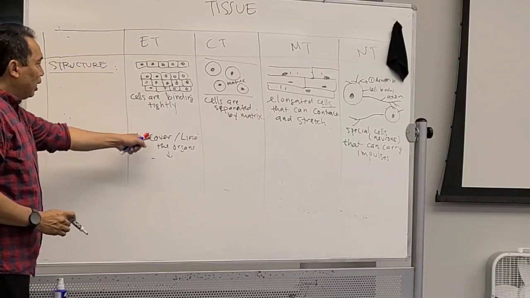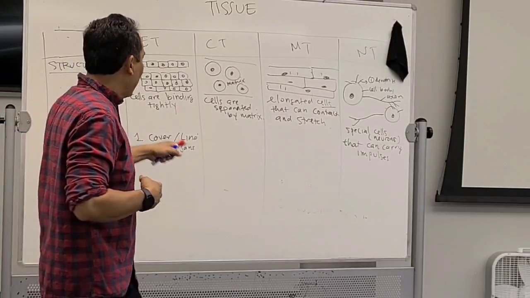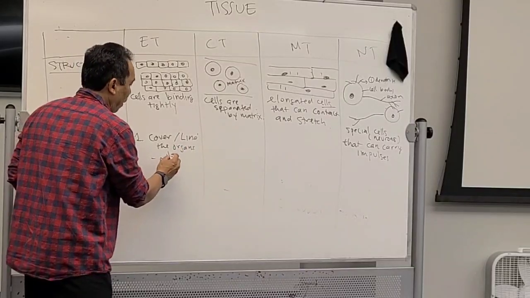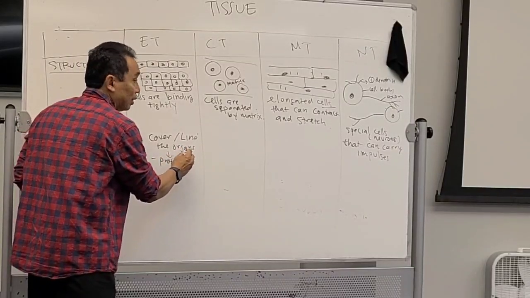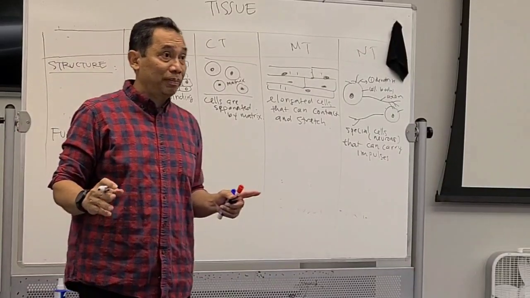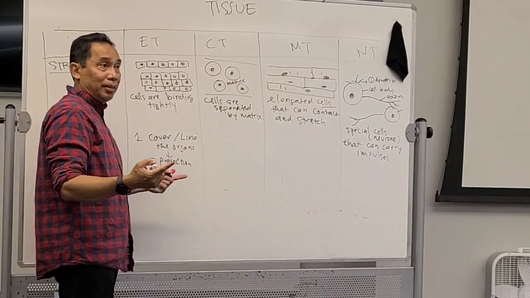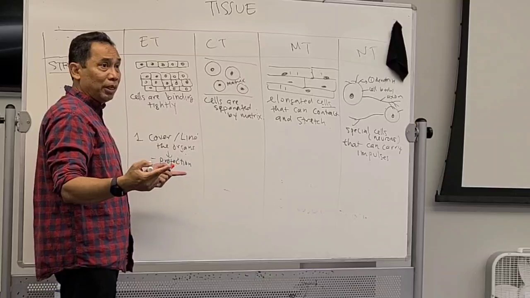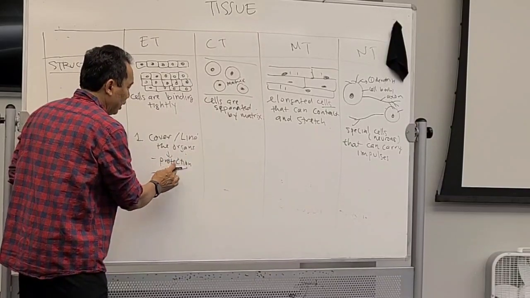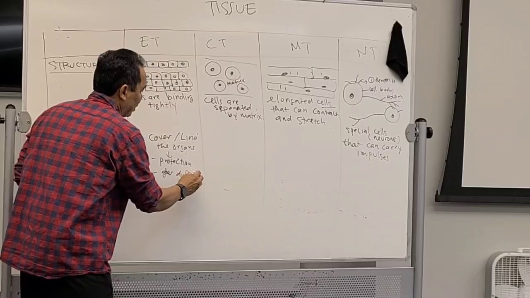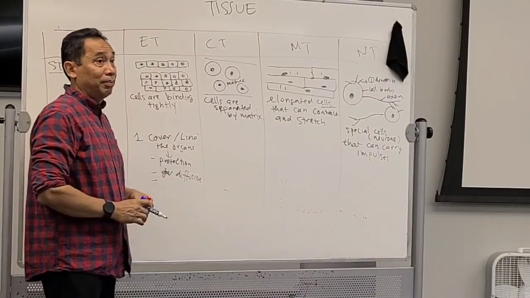For example, if it covers organs like our skin, then the function will be protection. If it is the one lining the lungs, this epithelial tissue, the function is for gas diffusion. This is in the lung.